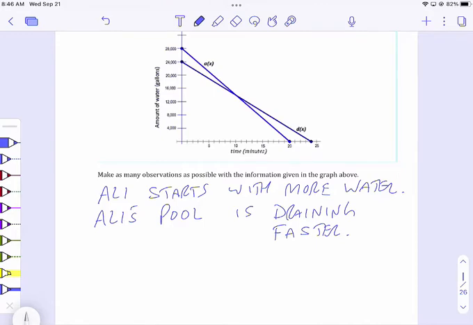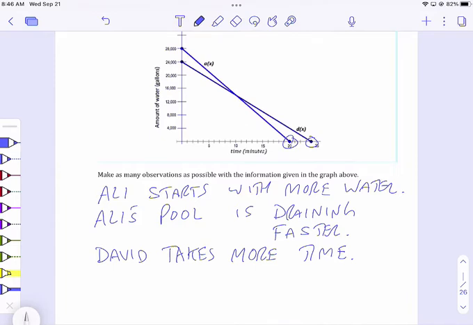We said Ali's going faster. We didn't say anything about time here. So I want to talk about these 2 points. Ryan. David takes longer. Yeah, more time is fine. Again, different ways of wording this. Ali takes less time. David takes more time.